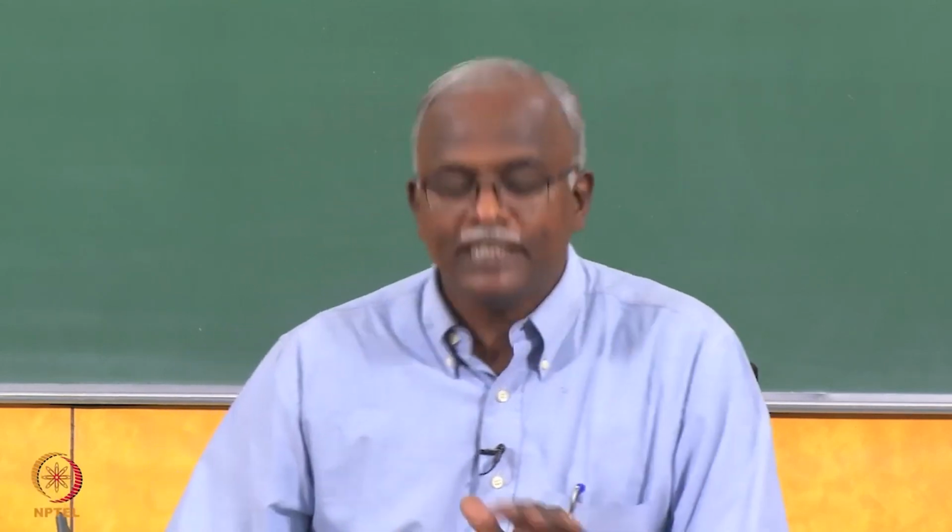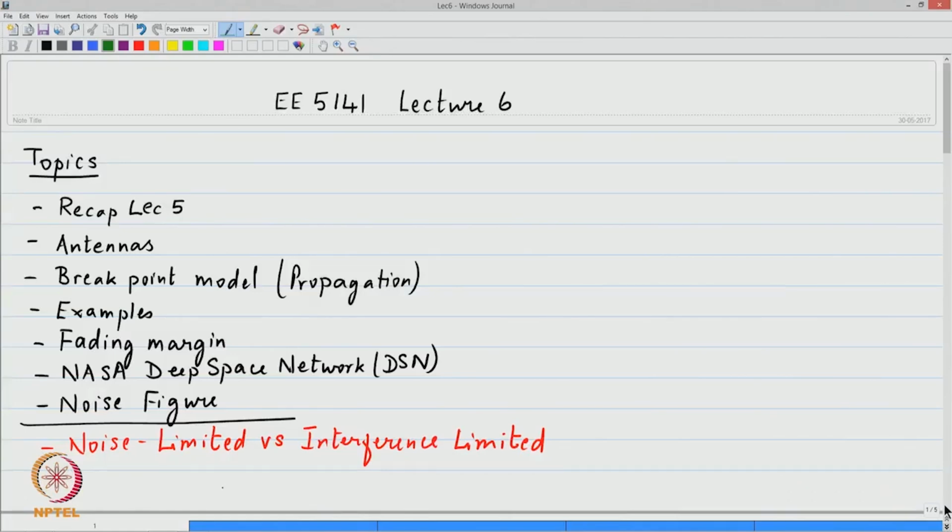So, the first topic that we would like to pick up is to have a basic understanding of antennas. Now, antennas is our ability to transmit or receive electromagnetic radiation, and is a topic that is studied extensively in electromagnetic theory. Our interest is to understand it from a systems perspective.